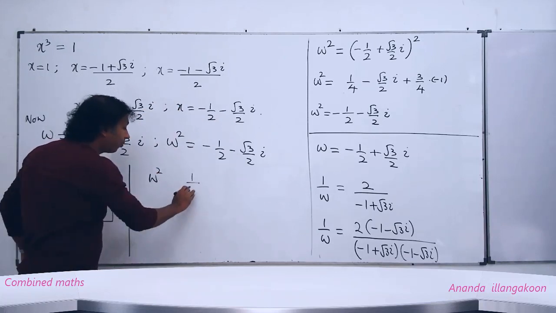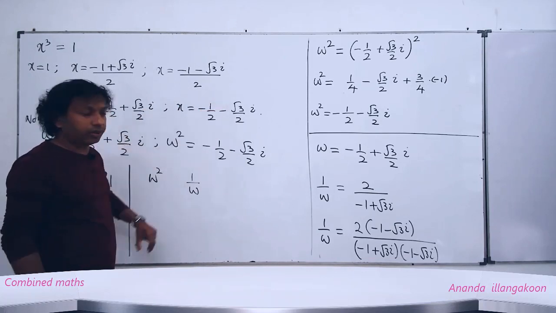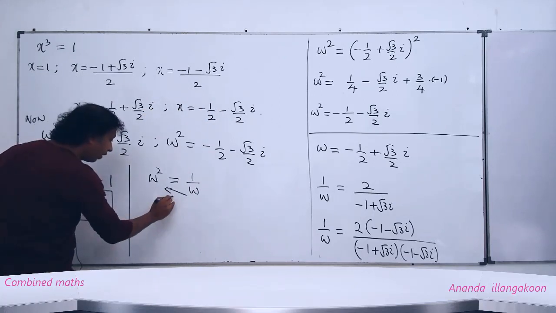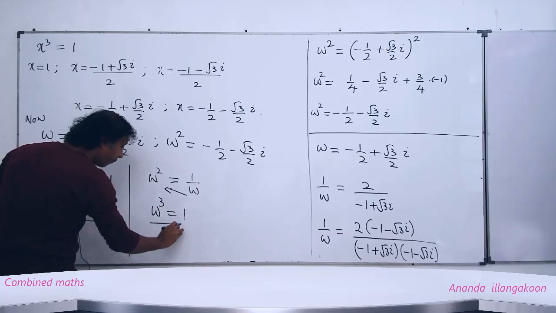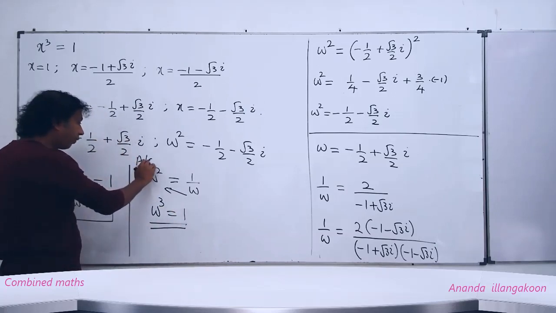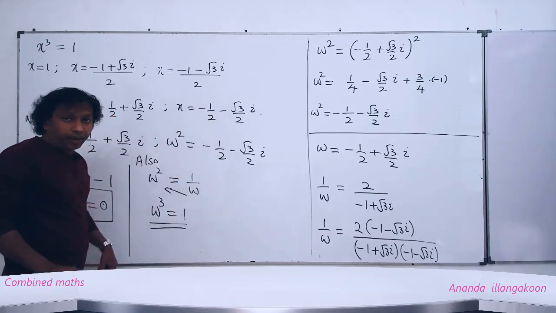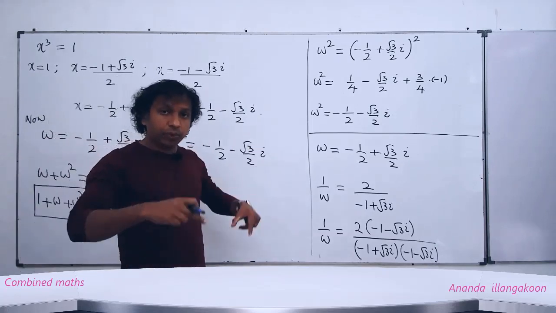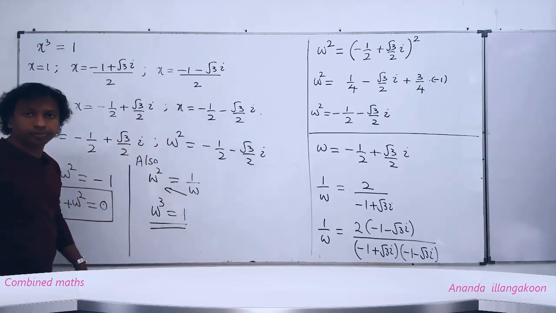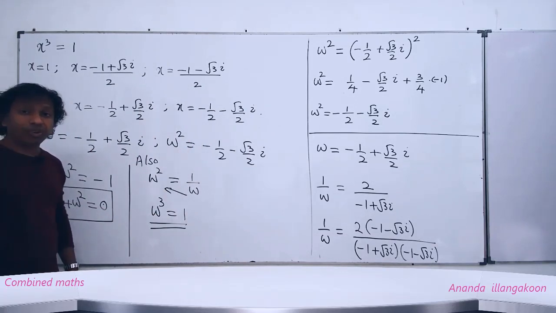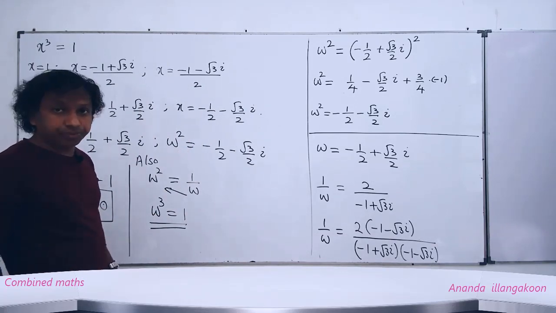Same thing is coming by 1 upon omega. Therefore, these two must be equal. Then using cross multiplication, we can say omega cube equals 1. Also, we can write this is your omega squared, and you said that can be obtained by 1 upon omega. Then those two must be equal. Therefore, omega cube equals 1. Right? Omega cube equals 1. Therefore, this relation and this relation are very useful relations, people, in solving questions, remember.